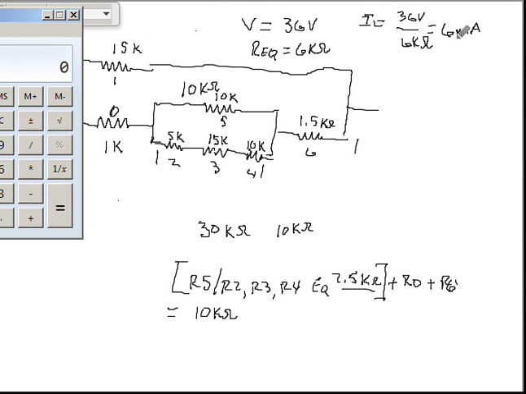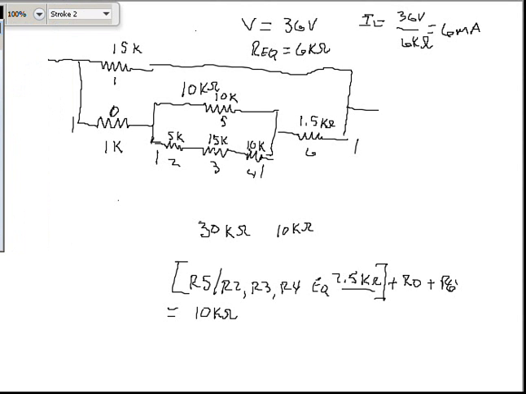All right, so my total current for this whole circuit is 6 milliamps. From this point to this point, I got 36 volts.